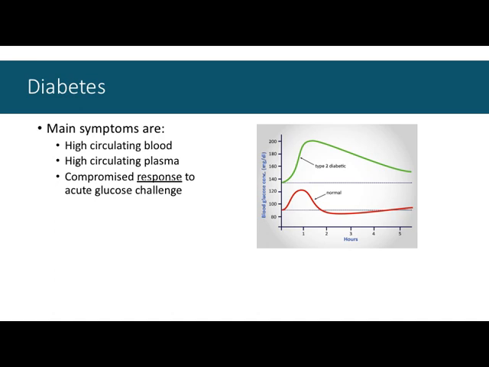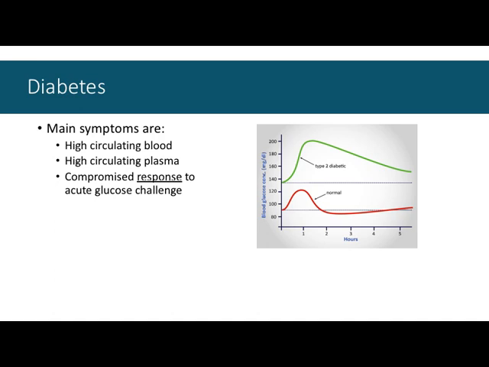But we're realizing in recent years we can forcibly manipulate this response by continually insulting the body with a high glucose, high insulin, high energy type diet.